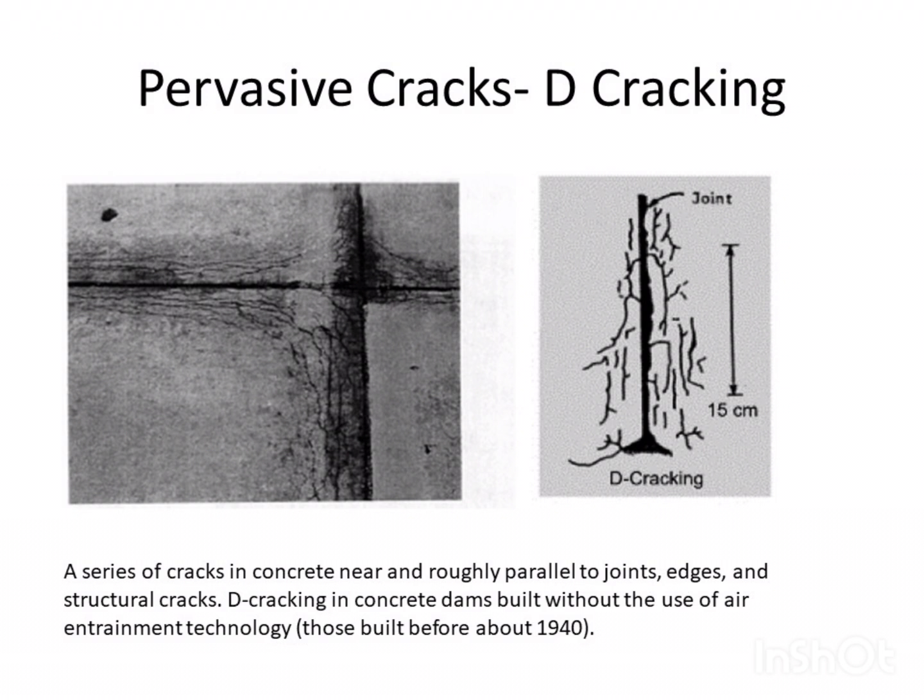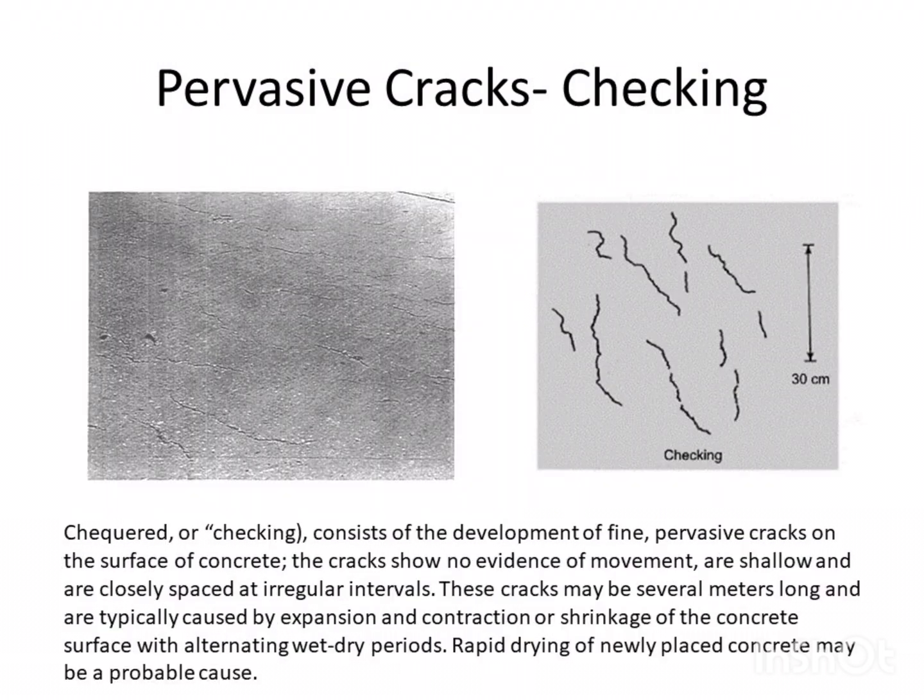Pervasive D-cracking: a series of cracks in concrete near and roughly parallel to the joints, edges, and structural cracking in concrete built without air entrainment technologies. D-cracking is common. Pervasive cracking, checking, or checkered cracking consists of development of fine cracks on the surface of concrete. The cracks show no evidence of movement, are shallow, and are closely spaced at regular intervals.